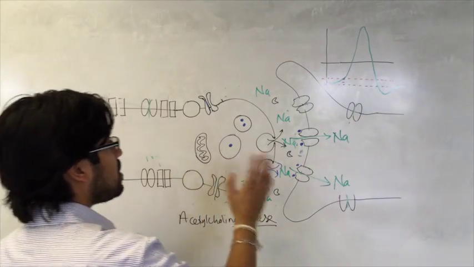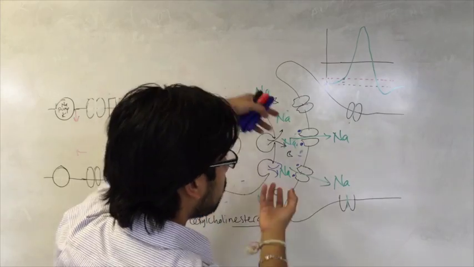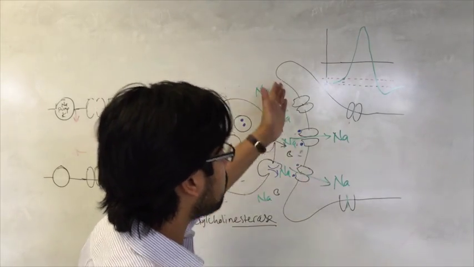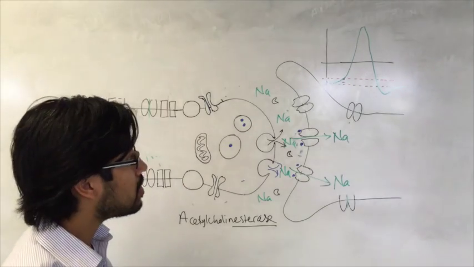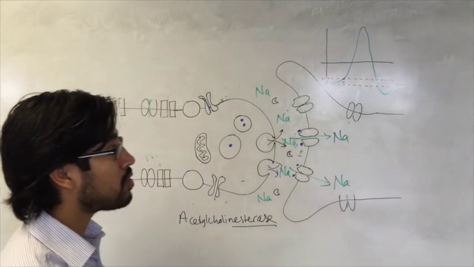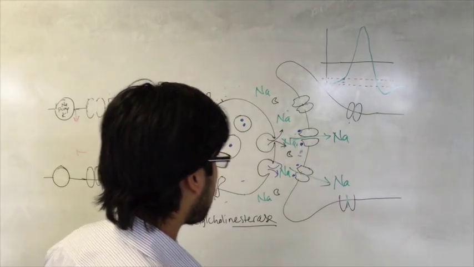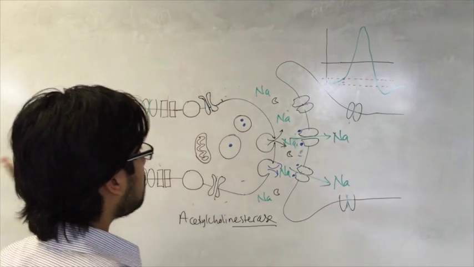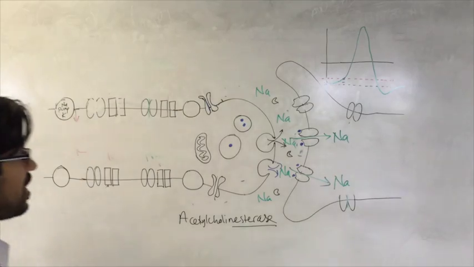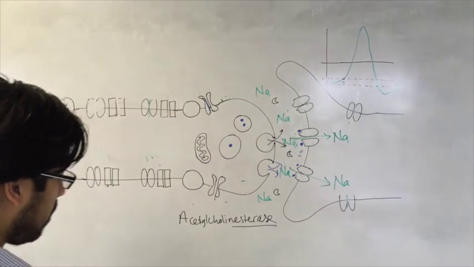So it might be the case that you need repeated signals to release enough acetylcholine to then open enough voltage-gated sodium channels to then let enough sodium come into the postsynaptic neuron to reach the threshold potential and cause the action potential. Okay? Now, when you need multiple action potentials in order to do this, it's called a type of summation. It's called temporal summation.